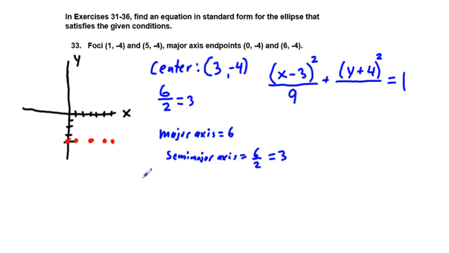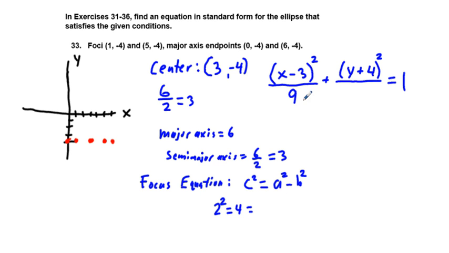Now we need to find our semi-minor axis, and we'll have the problem solved. Well, the foci equation, or I'll call it the focus equation, is c squared equals a squared minus b squared. And in this case, we have what c is, because c is 2 from the center. So c squared is going to be 2 squared, which equals 4.